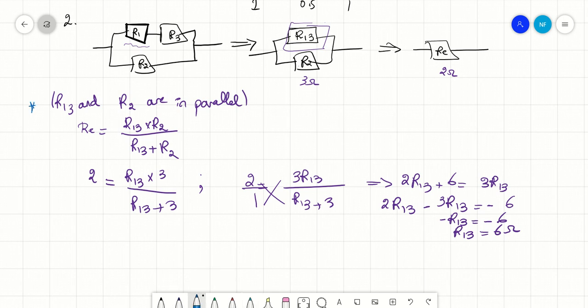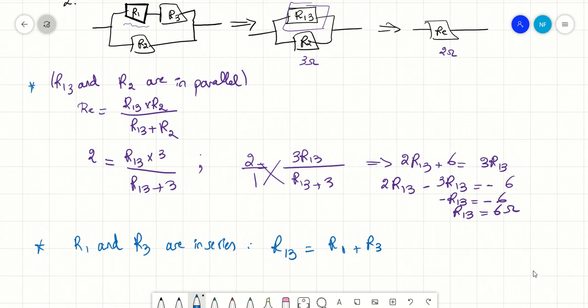As I said, they are in parallel, then I choose the convenient rule. Now I will say that R1 and R3 are in series, and therefore I will choose the convenient rule that says R13, which is equivalent to both of them, is equal to their sum, so R13 equals R1 plus R3. So let's continue.